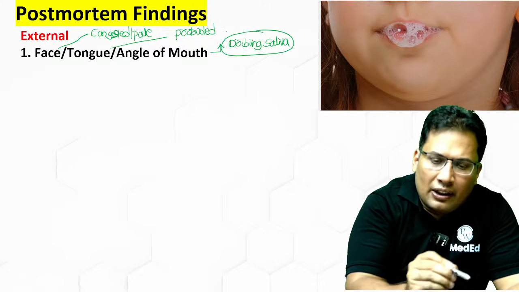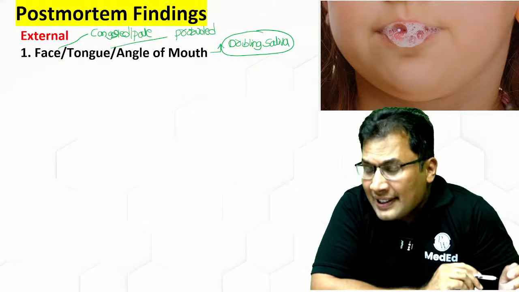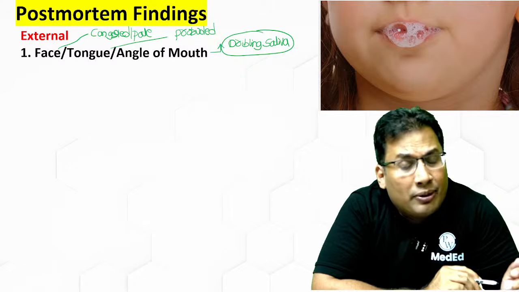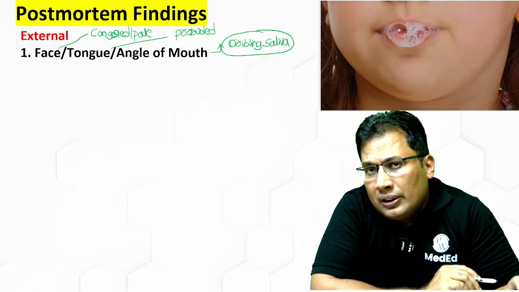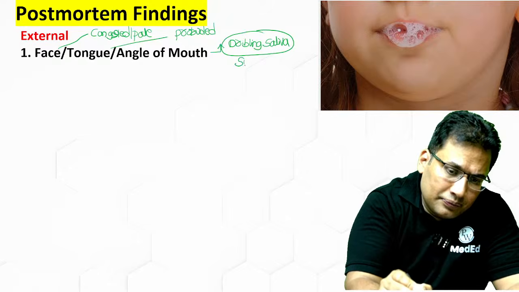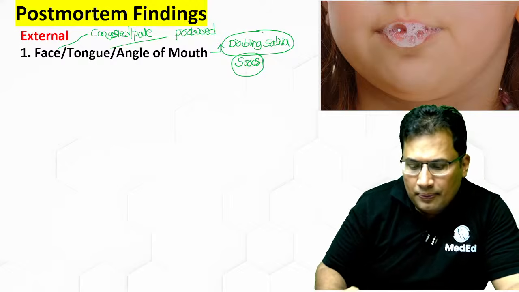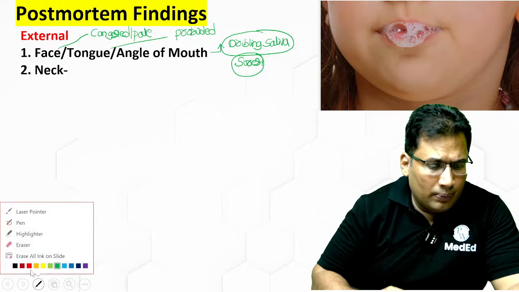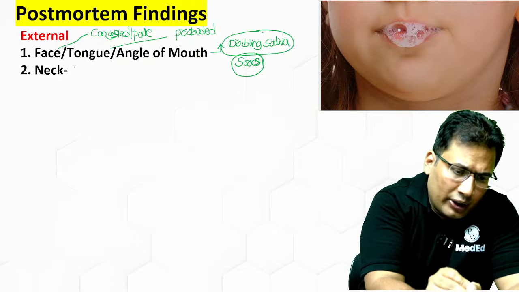So, dribbling of saliva is one of the classical features of antemortem hanging. One of the very important features of suicidal hanging. So it is the surest sign. MCQ. Neck. Neck, most of the cases, it is elongated.